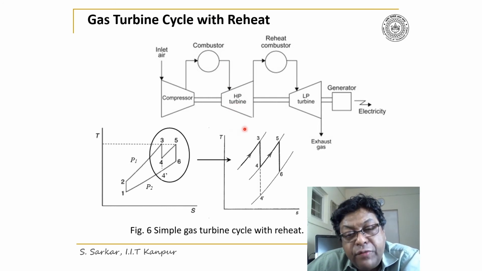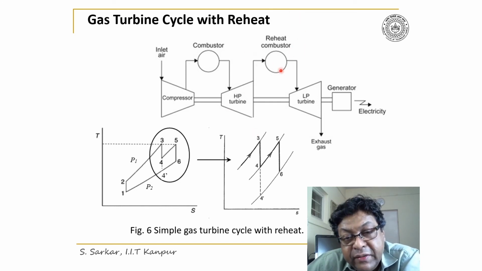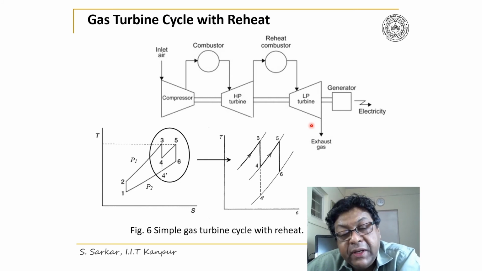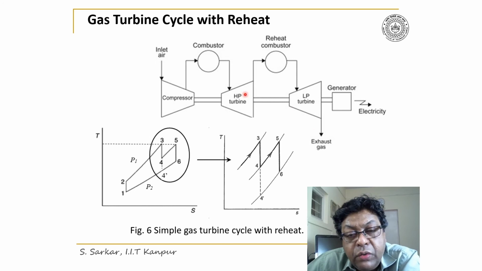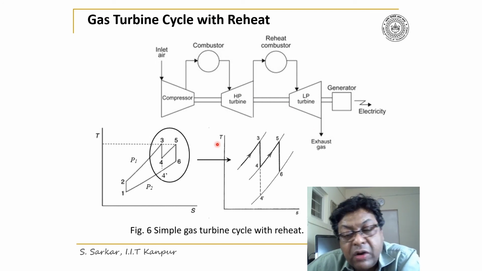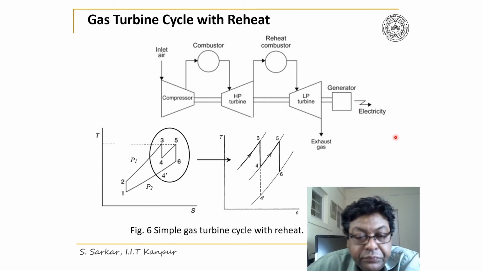Then the exhaust from HPT is reheated in the reheat combustor, and then again it is expanded through the LPT. The turbine work is used to run the compressor and to run the generator to develop electricity.